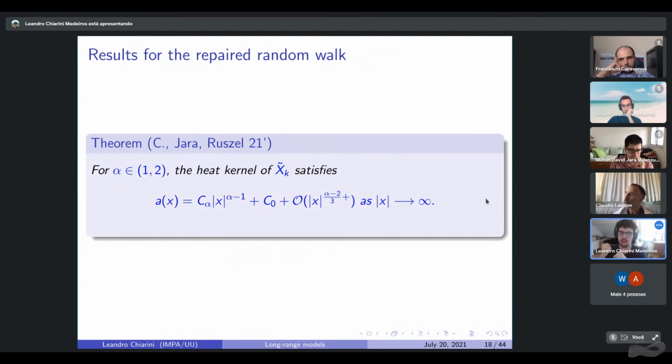So it turns out that this is one important step to understand such models, but there is one other thing that we need, which is to look at the distribution of the first step outside of a rectangle, like outside of a ball, outside of an interval. This is easy to solve in the simple random walk case, but it's not very clear how to do it in our case.